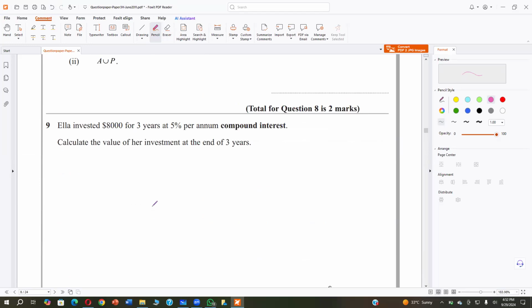Ella invested 8,000 for 3 years at 5% per annum compound interest. Calculate the value of the investment at the end of 3 years.